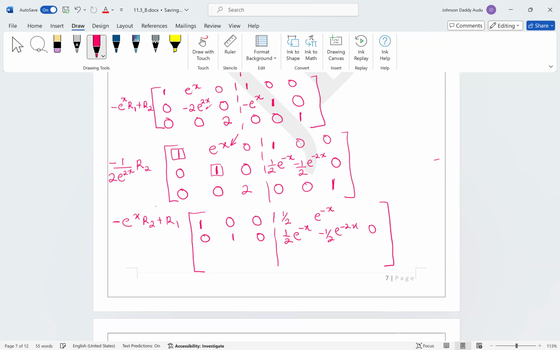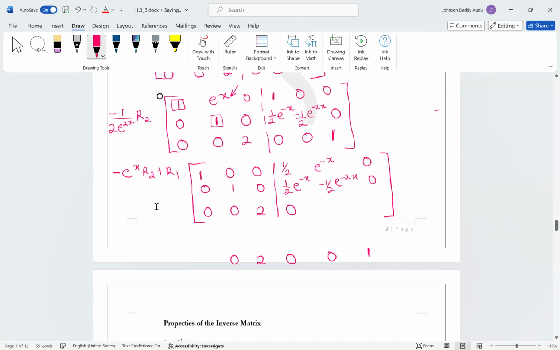And if you multiply this with 0, this is still 0. Okay. Then here we still have 0, 0, 2, 0, 0, 1. So what is left is just to multiply row 3 by half. So this is 0, 0, 1.